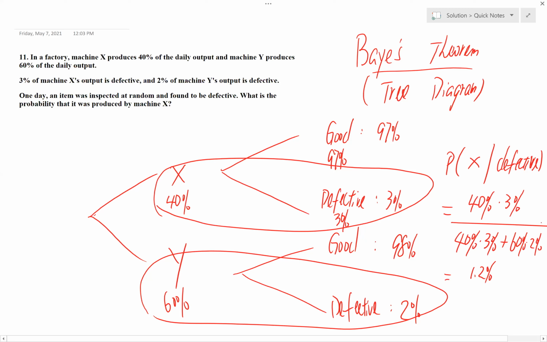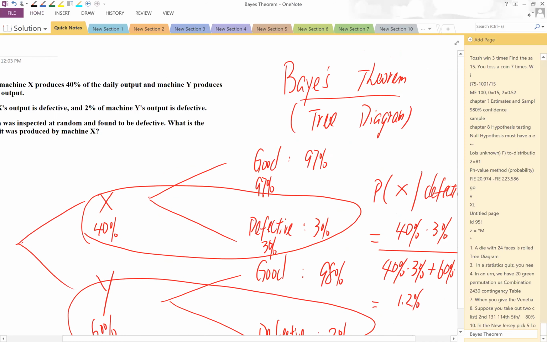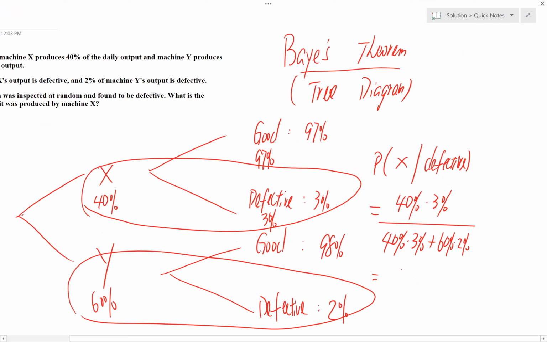You multiply that, or you continue with decimal numbers if that's easier. It's going to be 0.4 times 0.03 on top. On the bottom is 0.4 times 0.03, adding 0.6 times 0.02.